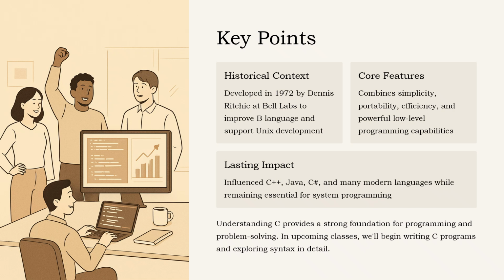The main purpose of developing C was to improve the B programming language and support the development of the Unix operating system. The core features combine simplicity, portability, efficiency, and powerful low-level programming capabilities. We have already seen the features of C: it is simple and easy to learn, a structured programming language that is portable, powerful, and efficient, it has a rich set of library functions, it supports low-level programming, and the execution speed is very fast.